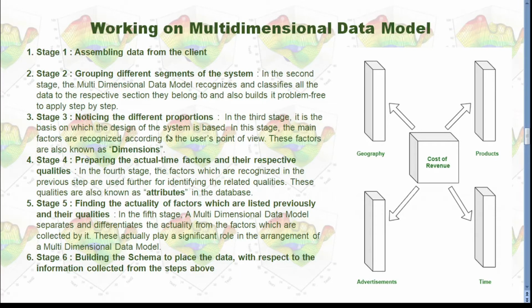This stage is very important during the design, because in this stage, the main factors are recognized according to the user's point of view. These factors are also known as dimensions. At stage 4, you need to prepare the actual time factors and their respective qualities. And all those qualities are also known as attributes in the database.